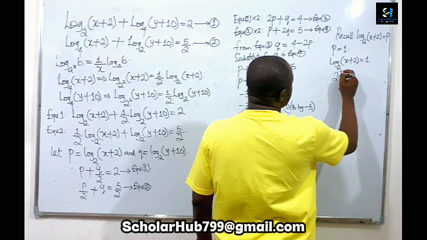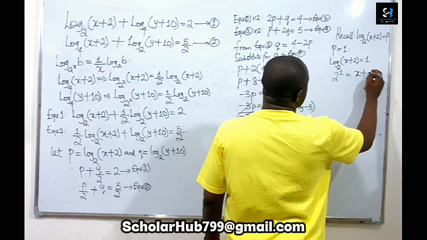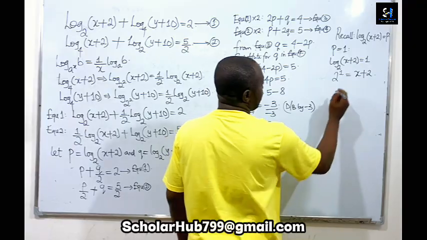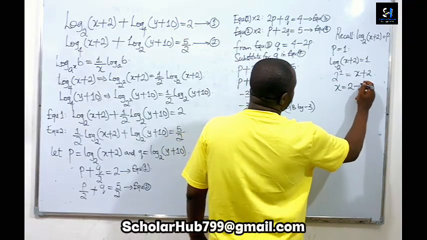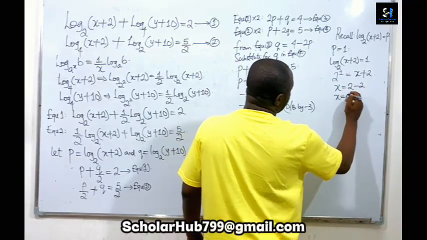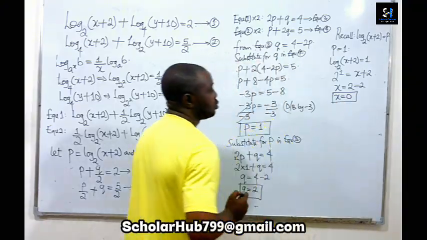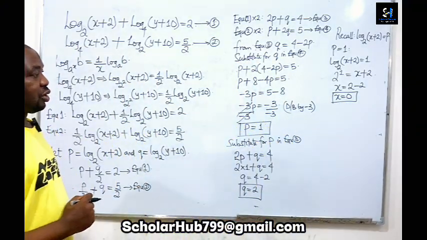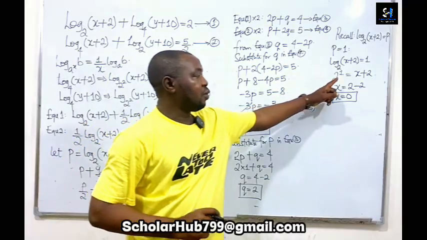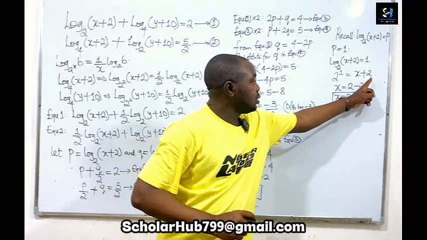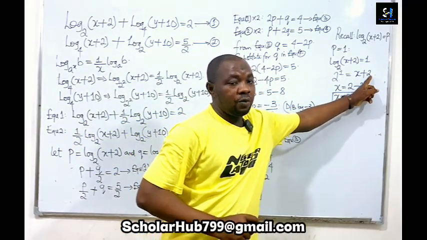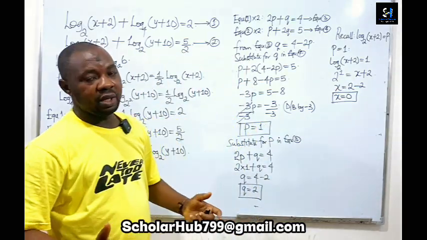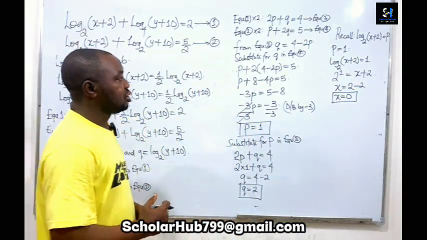So that 2 raised to the power of 1 is equal to x + 2. And then the value of x is equal to 0, because 2 raised to the power of 1 is 2. So when we carry this 2 over to the left hand side, it will be minus 2. So 2 minus 2 will be 0.